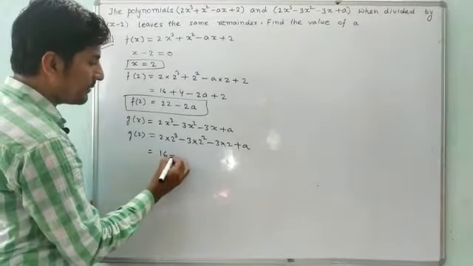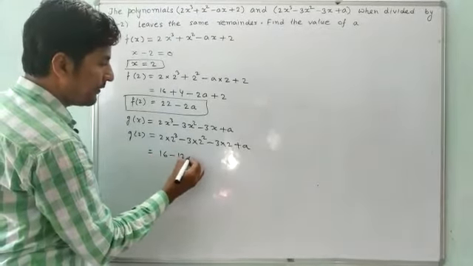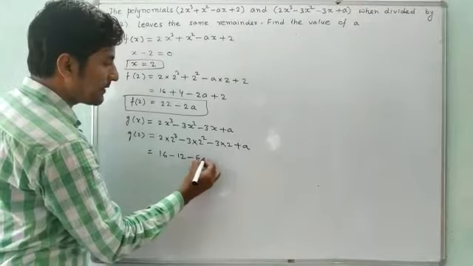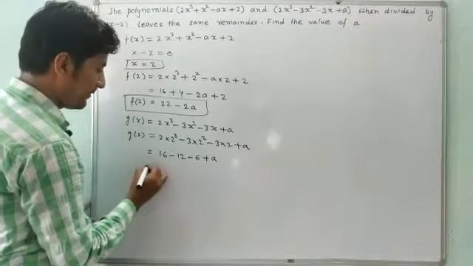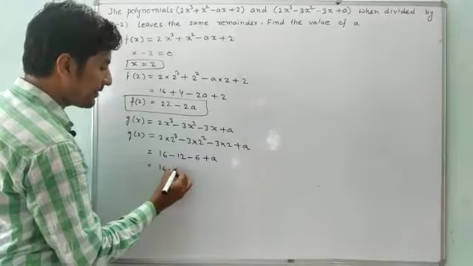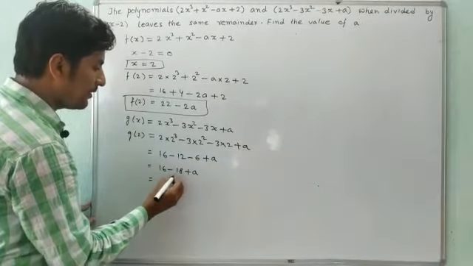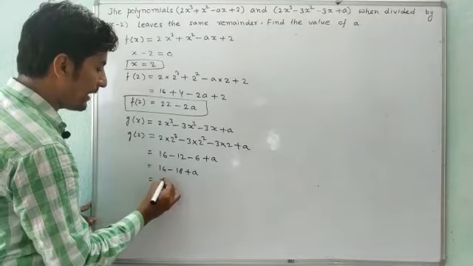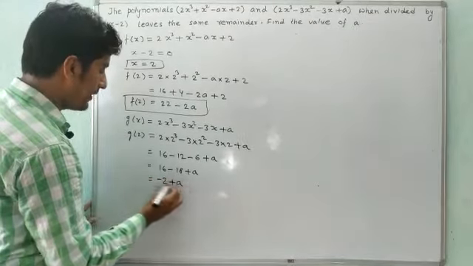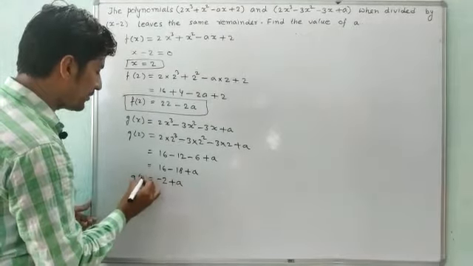We can write here 16 minus 12 minus 6 plus a, which is 16 minus 18 plus a, equal to minus 2 plus a. So this is the value of g(2).